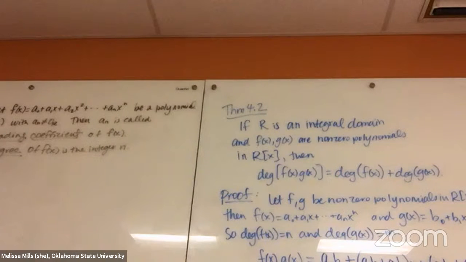Corollary 3.4, or sorry, 4.4. What am I doing here? Let me count. Let R be a ring. This is any ring, not necessarily an integral domain.